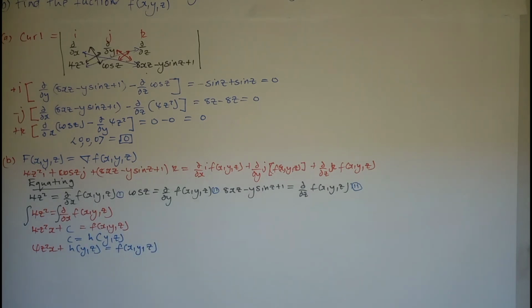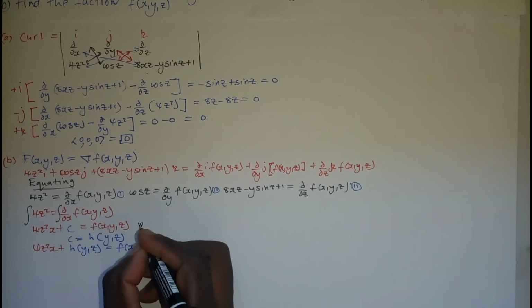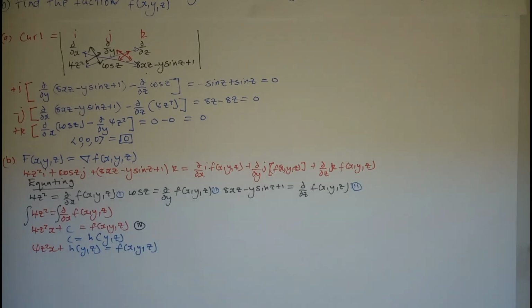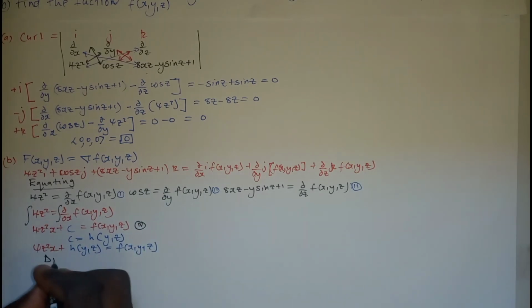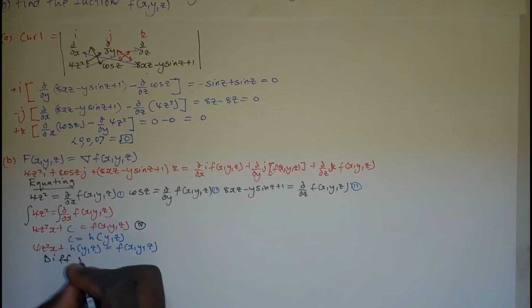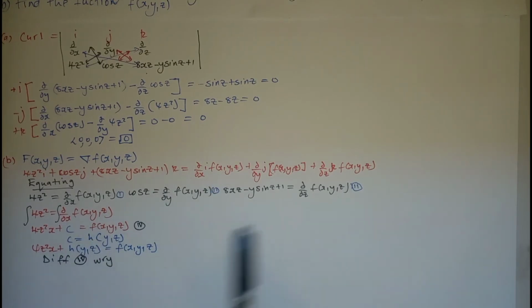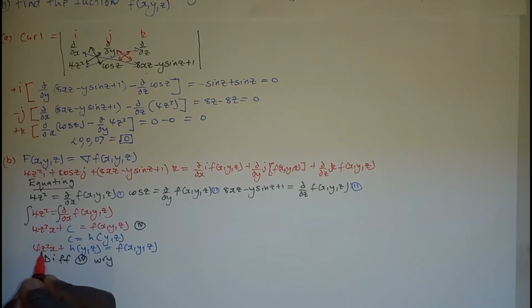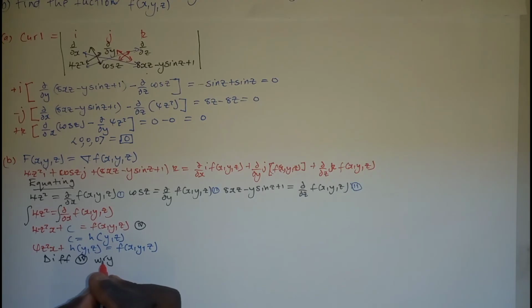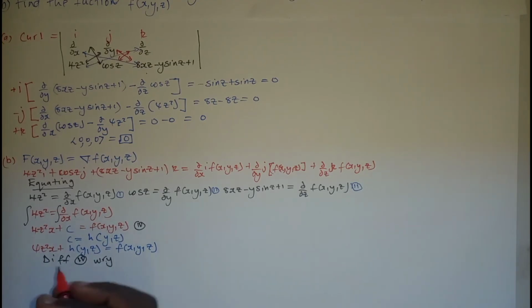Okay, so let's call this equation 4. Now let's differentiate equation 4 with respect to y. Also, we're trying to connect all these equations together in order for us to come up with this function. If we do this, and differentiate with respect to y, this one is going to be 0, because we don't have any y variable here.